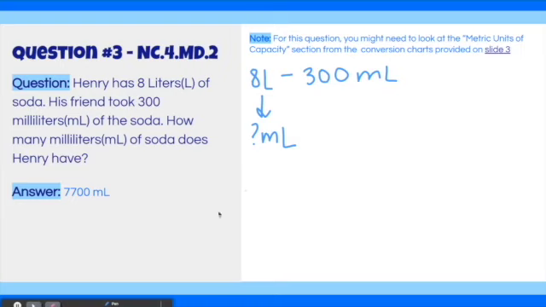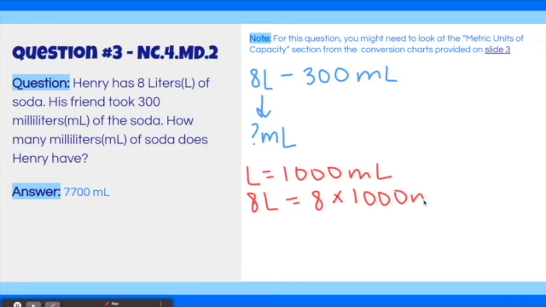We know that 1 liter is equal to 1,000 milliliters, which means that 8 liters is equal to 8 times 1,000 milliliters, which gets you 8,000 milliliters.